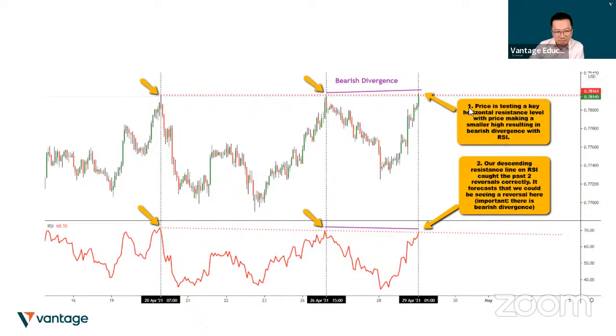You can see that price is testing or forming at a horizontal resistance level, with price making a small high resulting in a bearish divergence. You can see that price was there and it broke a little bit higher, a small bearish divergence, and then descending resistance on RSI, called the past two reversals. You can see a small divergence towards the downside there.